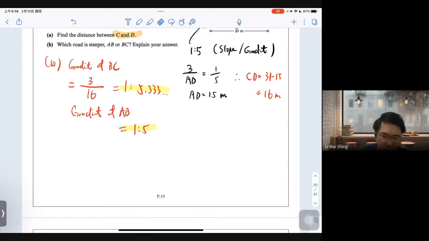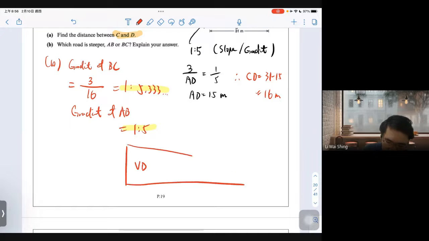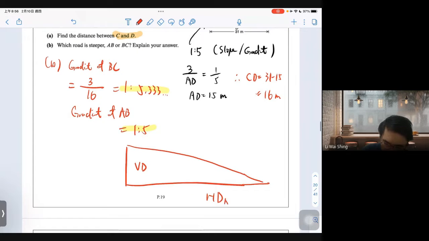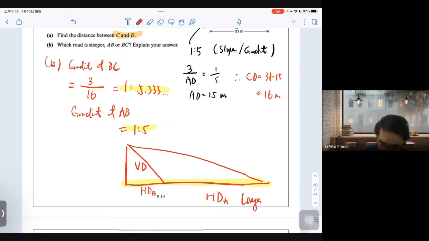Okay, that's a good one. Yes, when you fix the vertical distance, the longer the horizontal distance, for example, this is horizontal distance A and this is horizontal distance B, when this is longer, this is less steep.